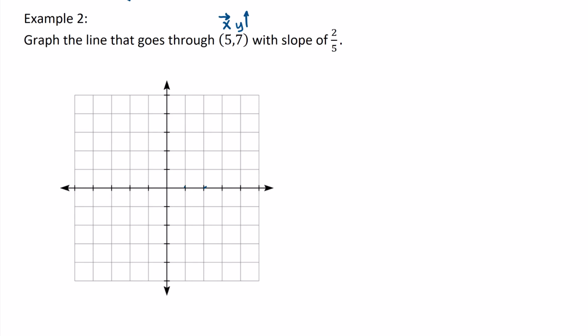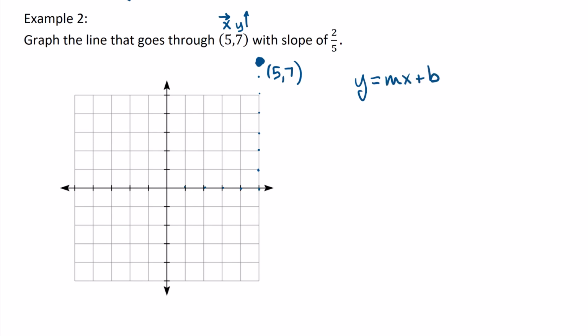So over 1, 2, 3, 4, 5, up 1, 2, 3, 4, 5, 6, 7. So can you see that we have a point here, 5, 7, that is not on the graph? So that's not helpful. So at this point we need to use slope-intercept form.